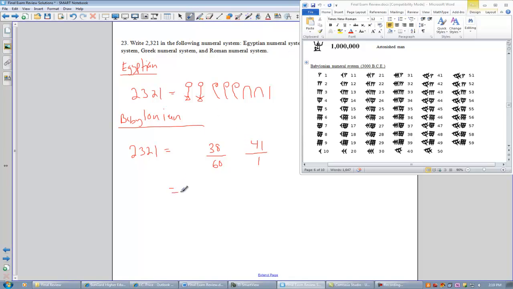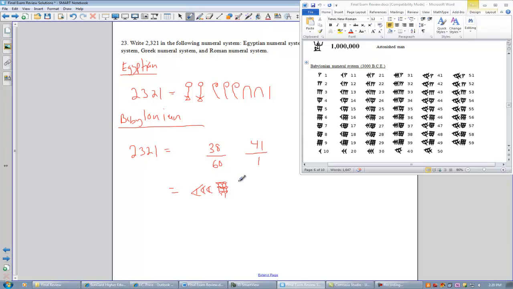So this is going to be equal to, well, 38, where's 38? Here's 38 right here, so I write 3 triangular wedges, so 1, 2, 3. And then I write 8 vertical staffs, so 1, 2, 3, 4, 5, 6, 7, 8.